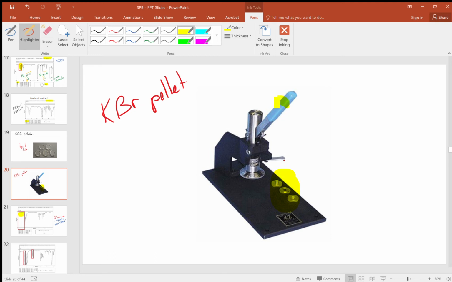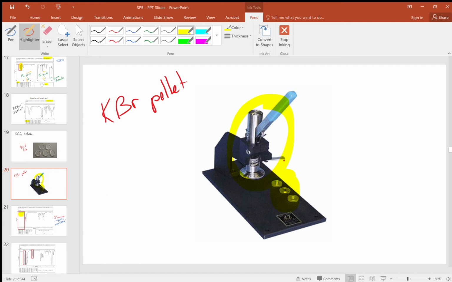Then you put them inside of what's known as a KBr press, and you make a pellet by increasing the pressure. The problem is, if you don't apply enough pressure, then you get a pellet that's way too thick and you don't get a spectrum.